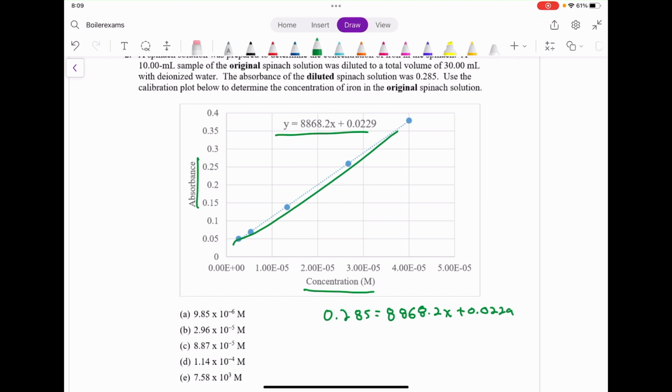Take 0.285 minus 0.0229, divide by 8,868.2. You get the concentration of the sample.